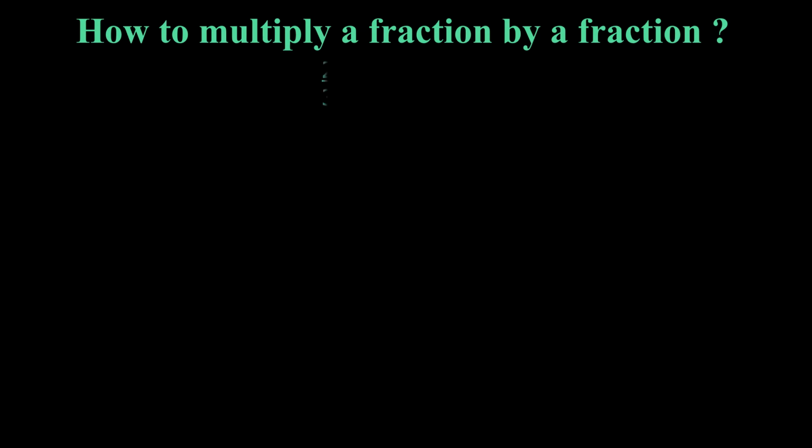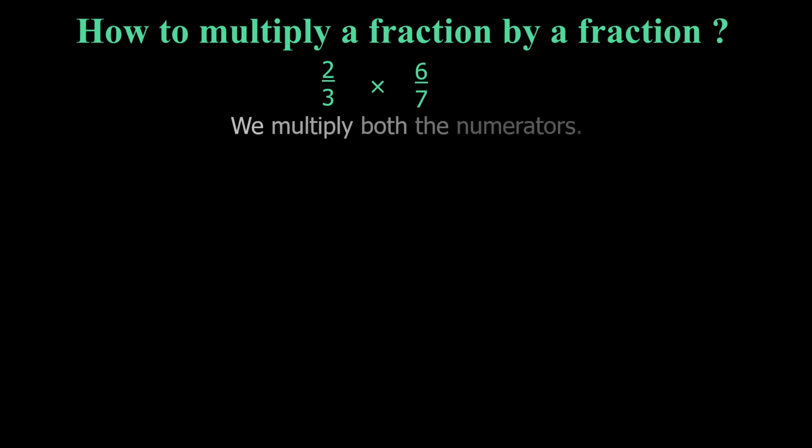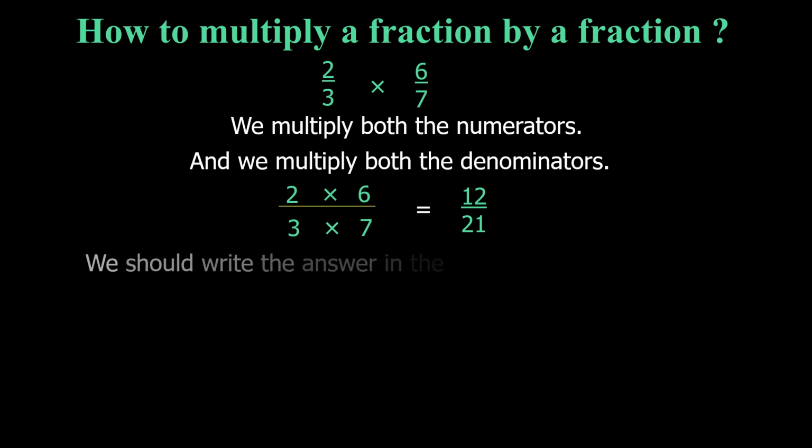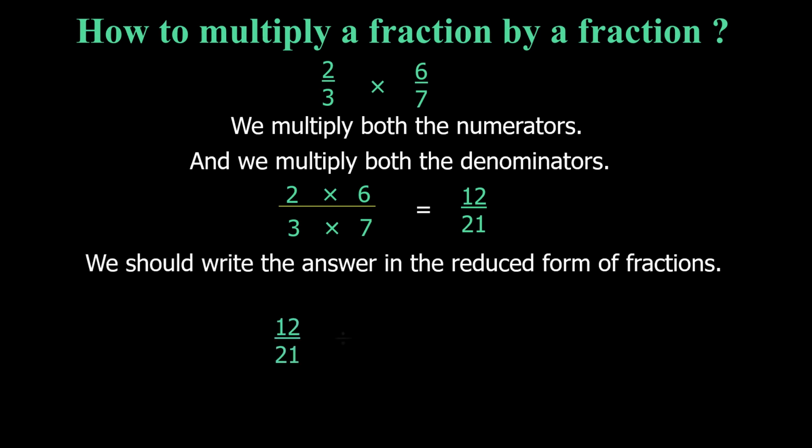How to multiply a fraction by a fraction? 2 by 3 into 6 by 7. Very simple. We should multiply the numerators and multiply the denominators. So 2 into 6, 12, divided by 3 into 7 is 21. So 12 by 21. To write in reduced form, we divide by the common number 3 by 3. We get 4 divided by 7.